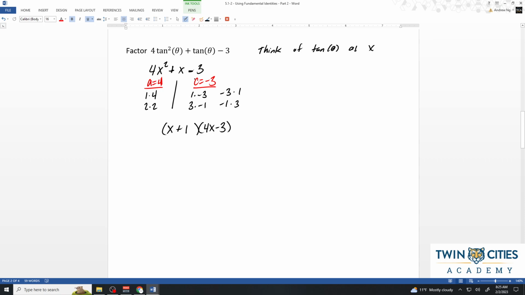Now that I've factored this with x's, I'm going to, again, think of tangent of theta as x, and put back x is tangent of theta. So this is tangent of theta plus 1 times 4 tangent of theta minus 3.